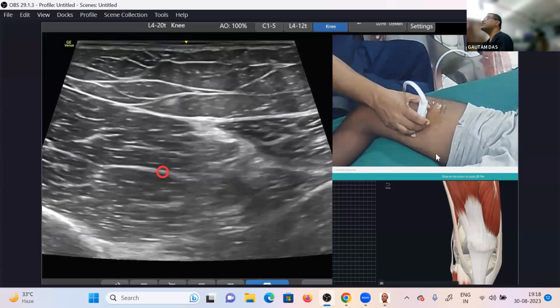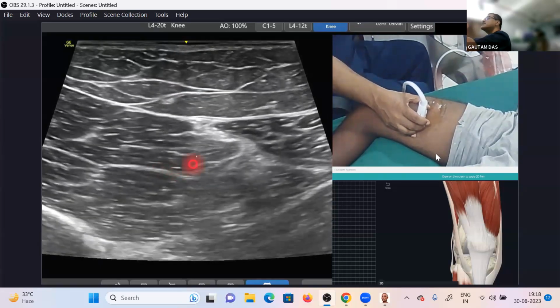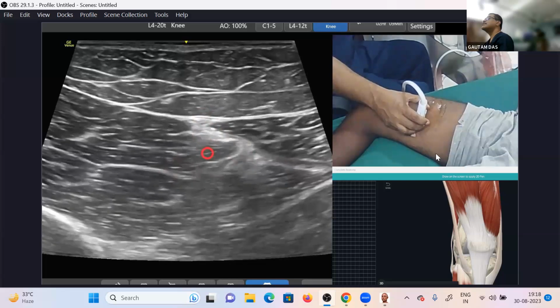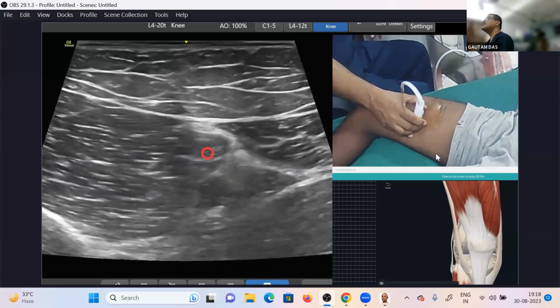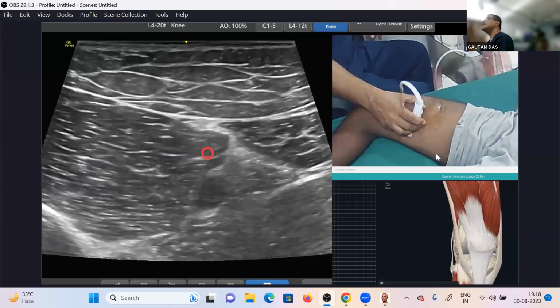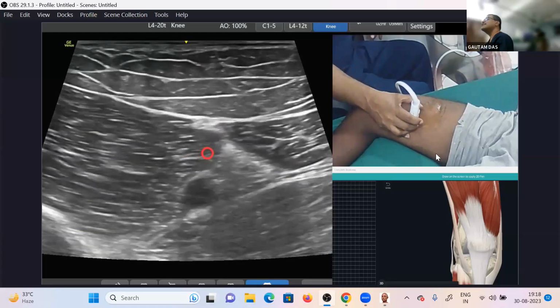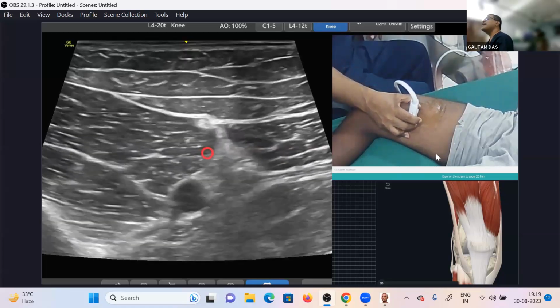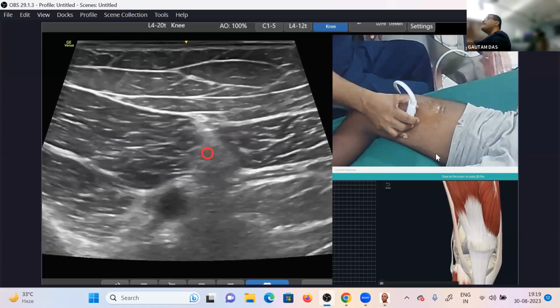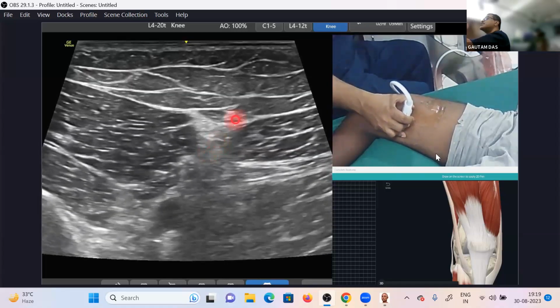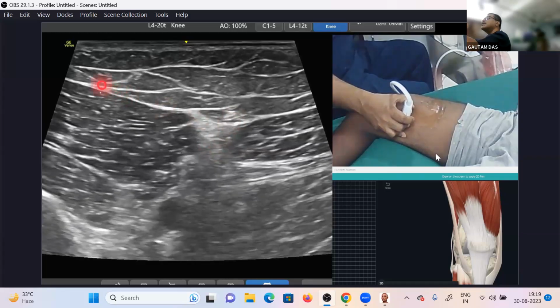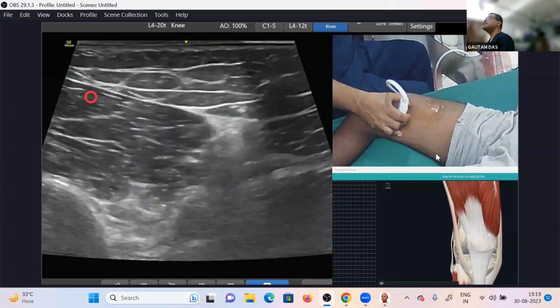Below and the medial corner of the sartorius. Here. So this is the one nerve, and here is another nerve. This is your intrapatellar branch.